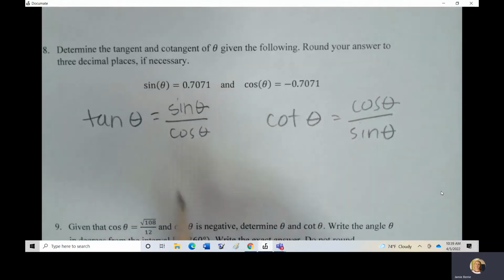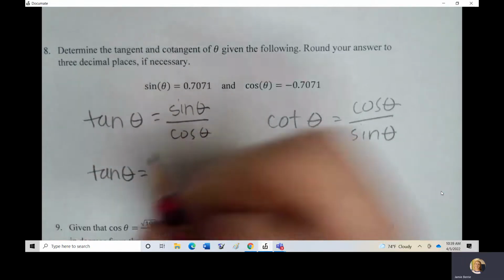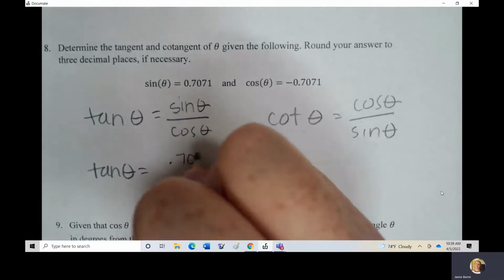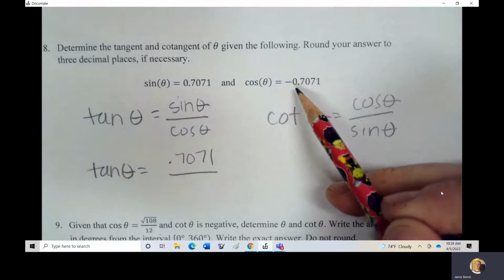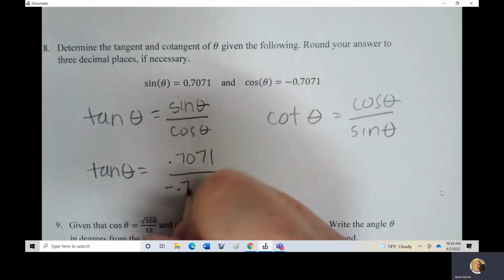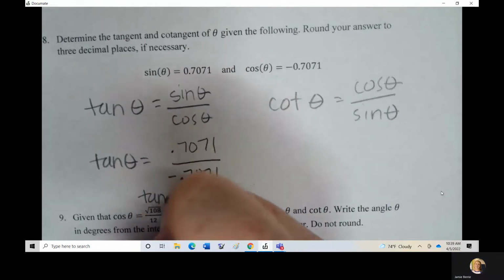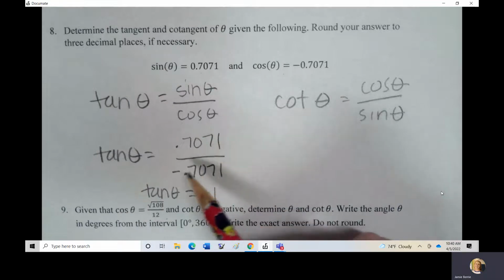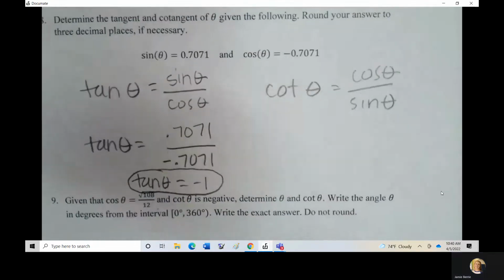Plugging in what we know, tangent theta equals sine theta is 0.7071 over cosine theta is negative 0.7071. So tangent theta is -1, because those cancel and the bottom is negative, leaves you with -1.